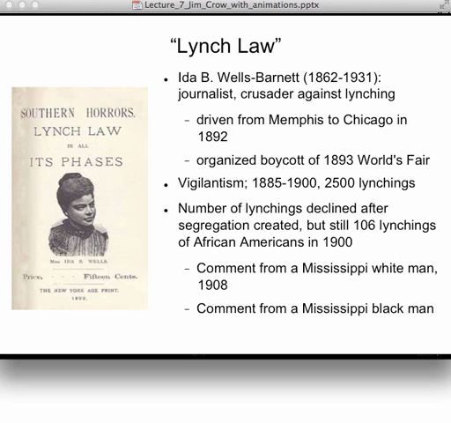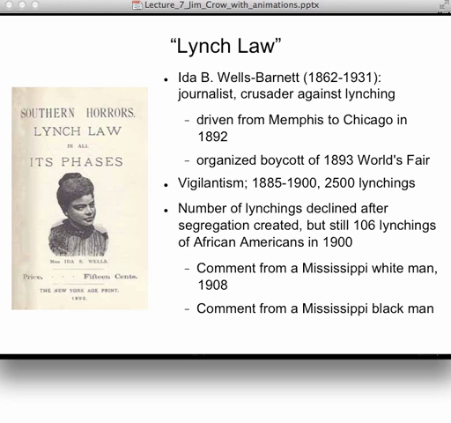One way that repression was enforced against African Americans in the late 19th century was the practice known as lynching, which meant usually killing, hanging, or murdering in some other way an African American, normally a male, who was accused of a crime.